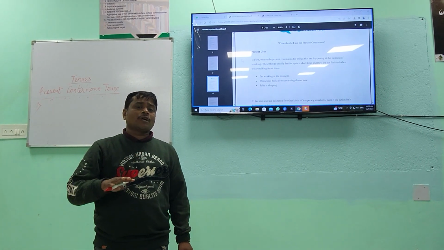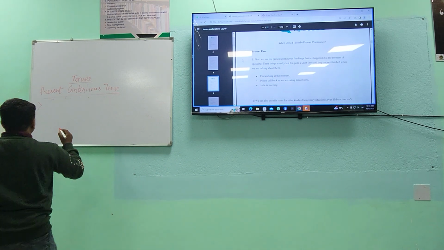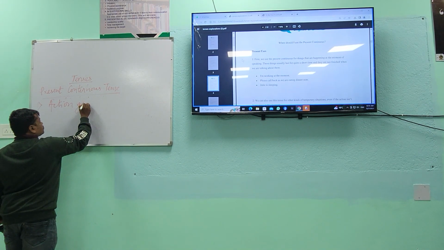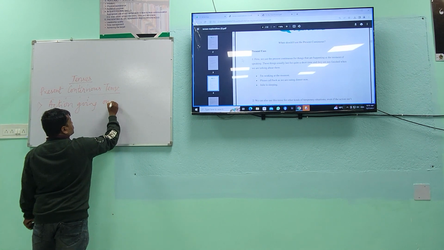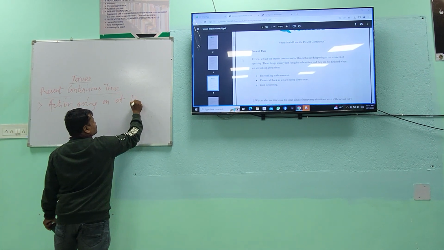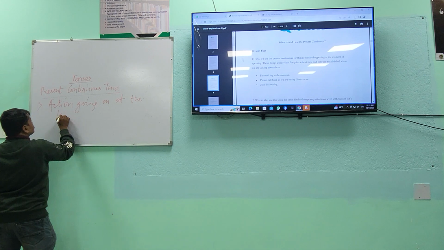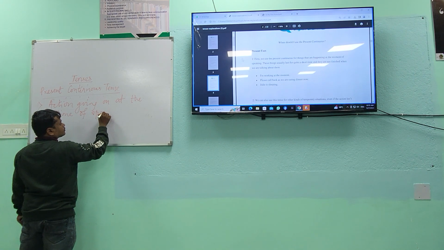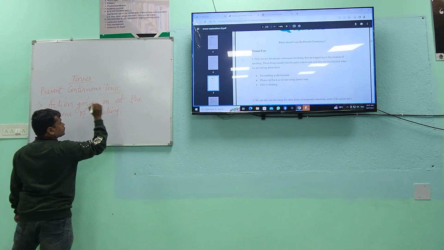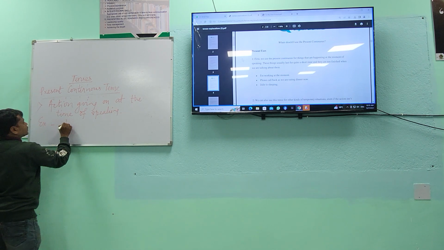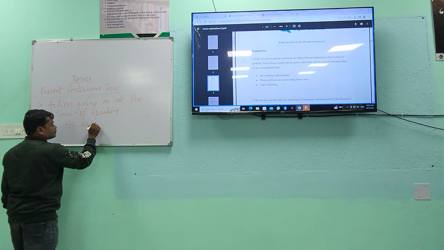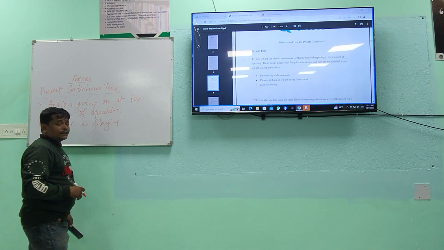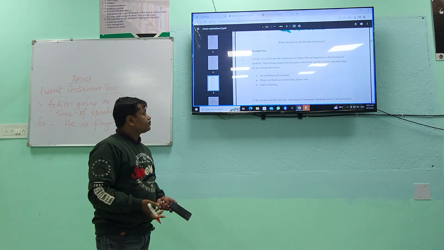The first use of present continuous tense. Got it? Example, he is playing. Means when you are saying he is playing, it is now.